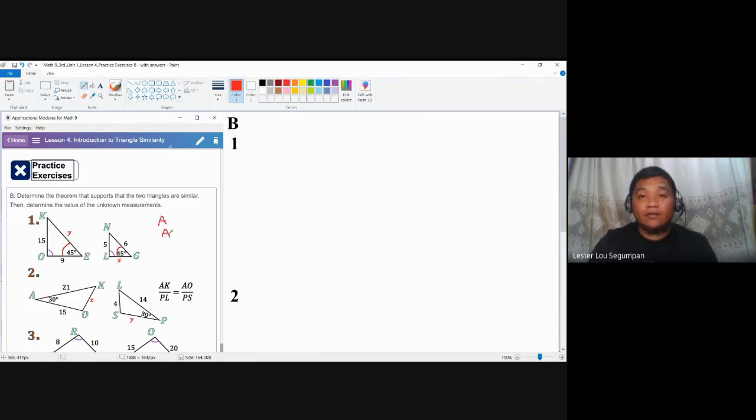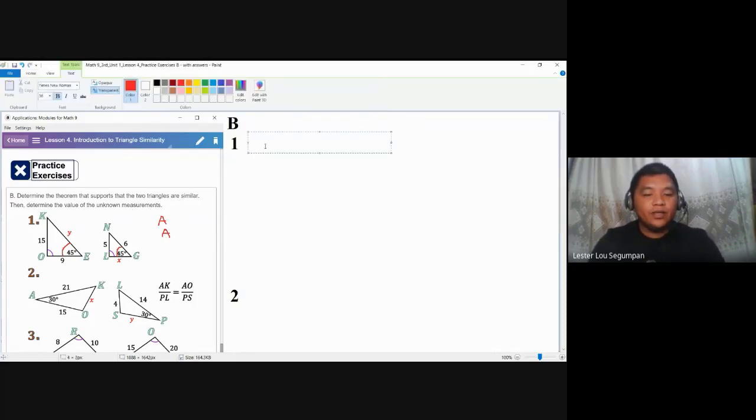This is already enough. You don't need to reach the triple A, because the triple A triangle similarity postulate has its own child, the double A triangle similarity theorem. It states that if two pairs of corresponding angles are congruent, the triangles are similar.